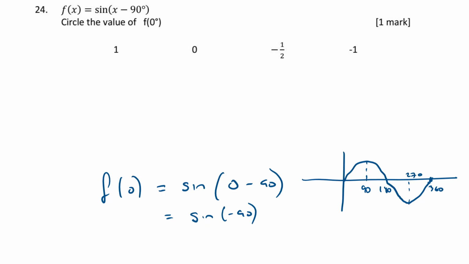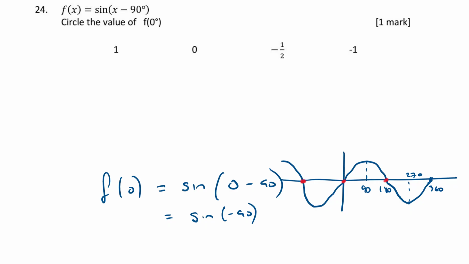What we need to know is what the value of sine of minus 90 is. So if it goes like that and it oscillates, it's also going to repeat on the opposite side of the axis. It's going to work backwards that way as well. So if the distance from there to there is 180, then the distance from there to there is also 180.